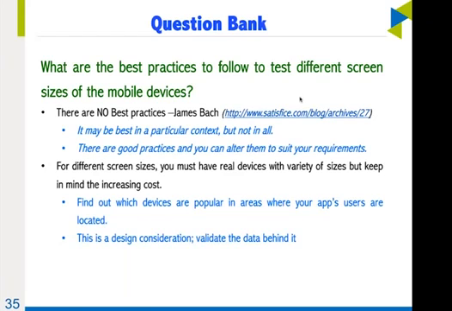Or, as a tester, you can make some recommendations that, hey, by the way, this data does not apply to this kind of app because my users are located in a geography where iOS is more popular than Android, or vice versa. So you have to find out what kind of different devices you want, and what the popularity is.